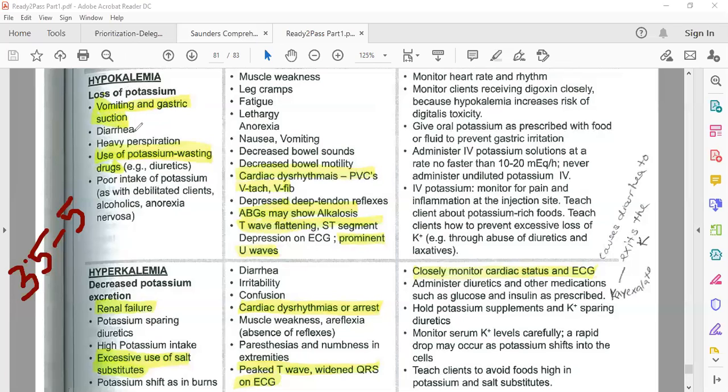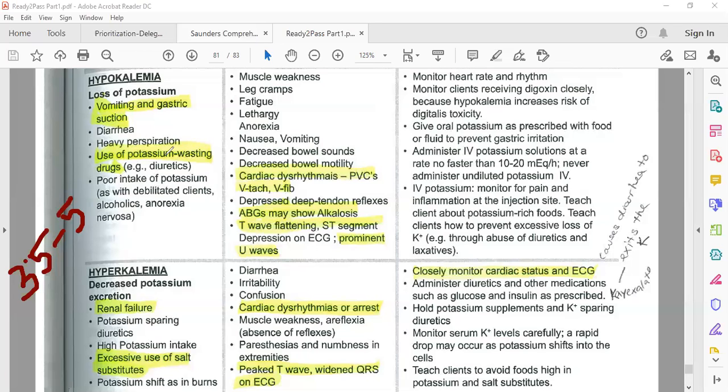Some diuretics, like potassium wasting drugs, or metabolic alkalosis.